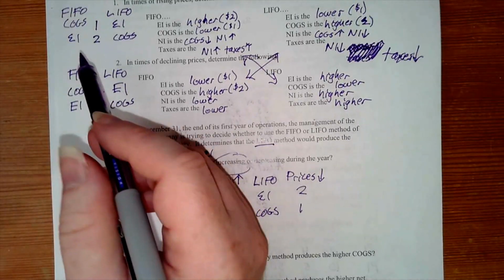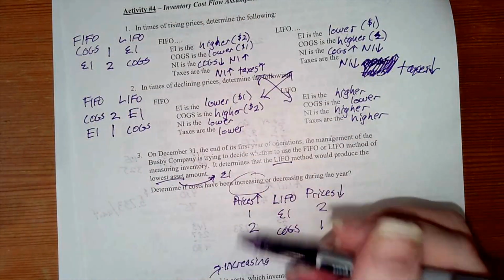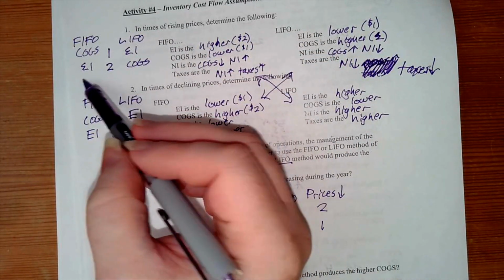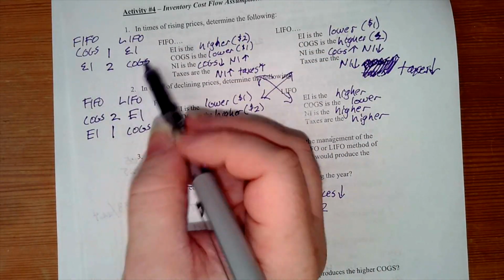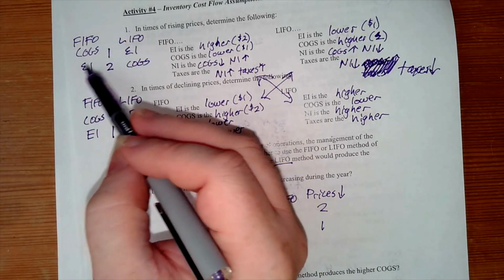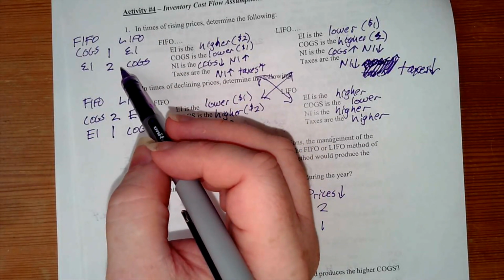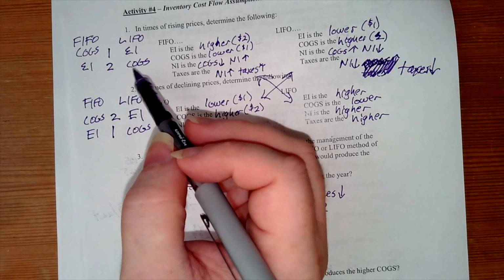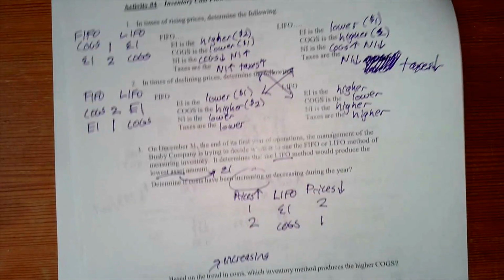Whereas before in this part of the question we were just looking at the LIFO side of it, now it says, let's look at the rising trends. Of these two methods during rising prices, FIFO and LIFO, which one produces the highest COGS? Well, LIFO produces the highest COGS.